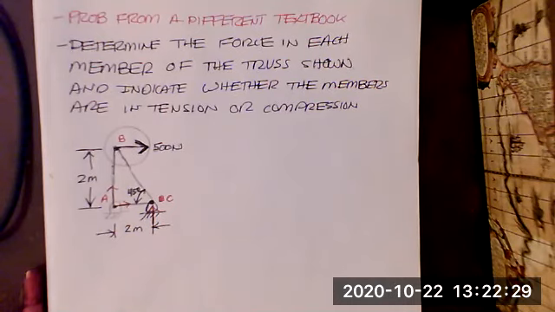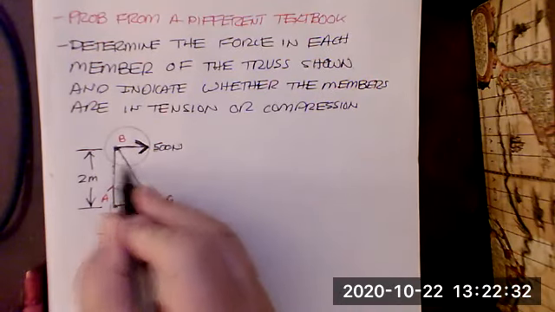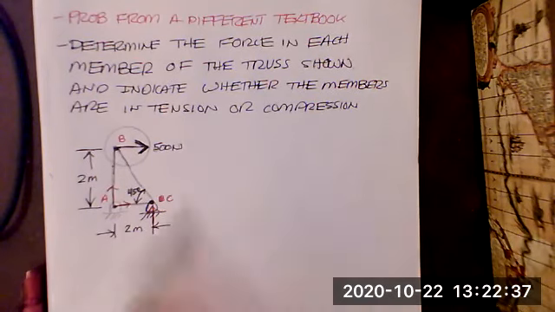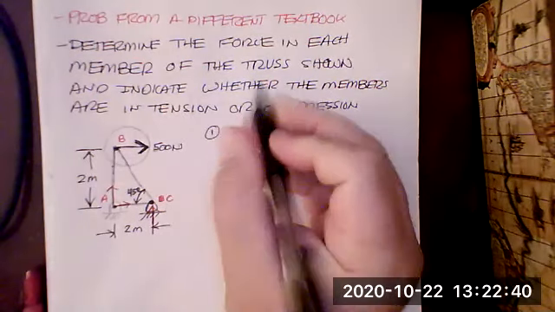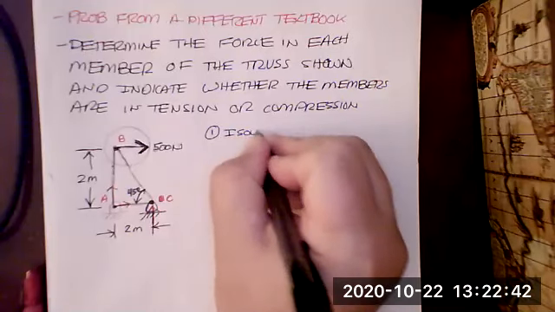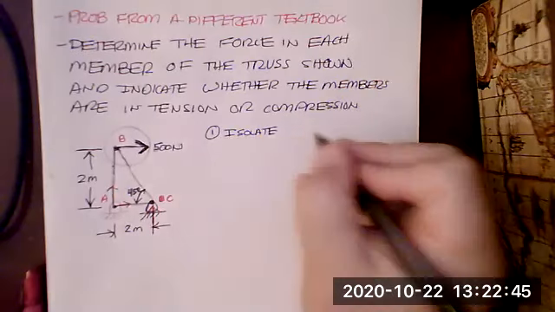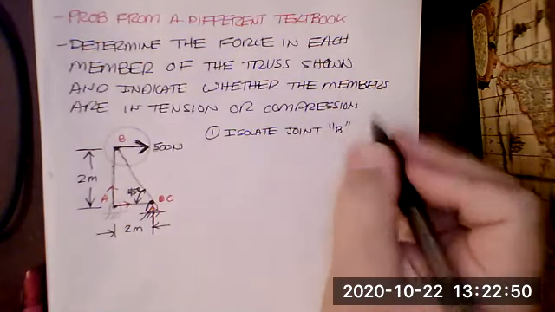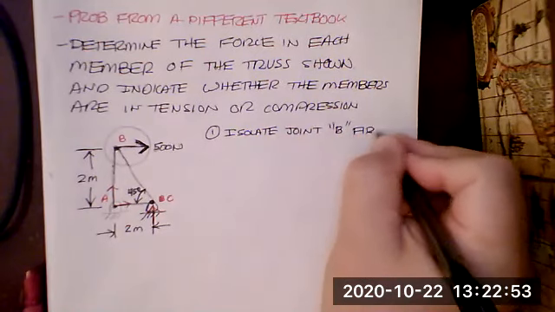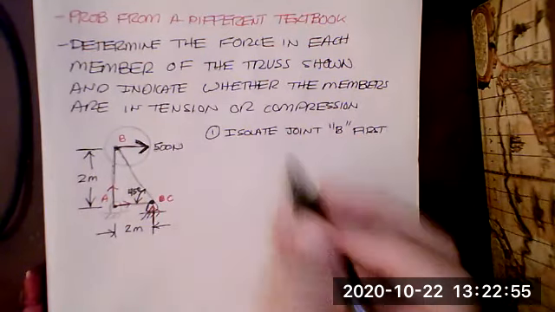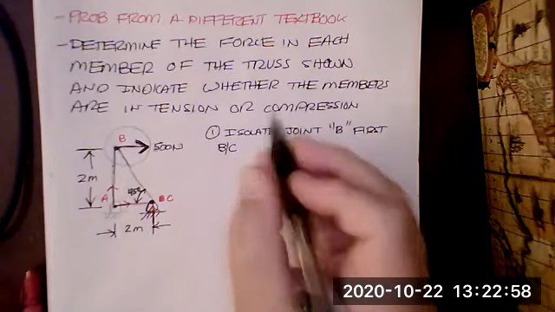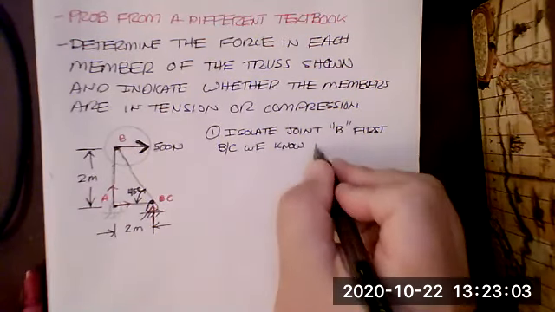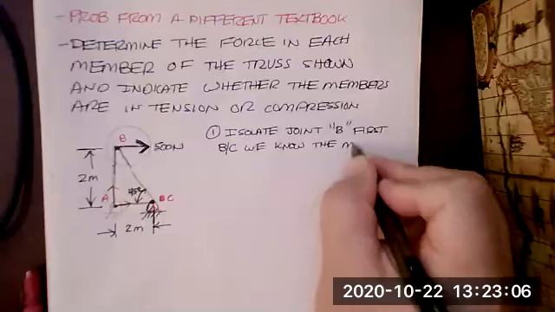All right, so it's 45 degrees here and 45 degrees up here. It's 1 square root of 2, right? So step 1, we're going to isolate joint B first, because I know the most information.